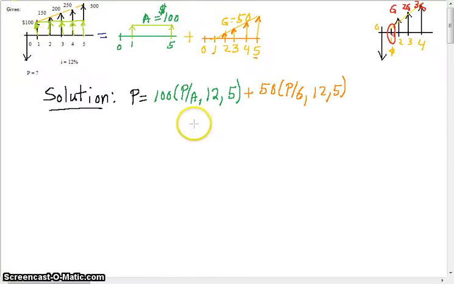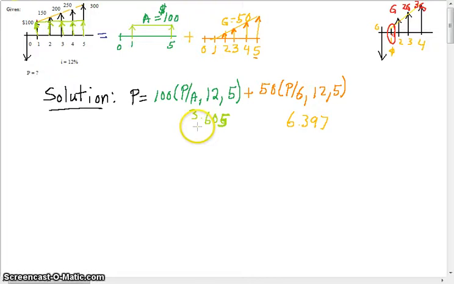Okay? So now we can look up in the back of the book and find what these values are. If I look up in my 12% table in Appendix C, P given A, 12% for 5 years is 3.605. And the P given G for 5 years at 12% is 6.397.